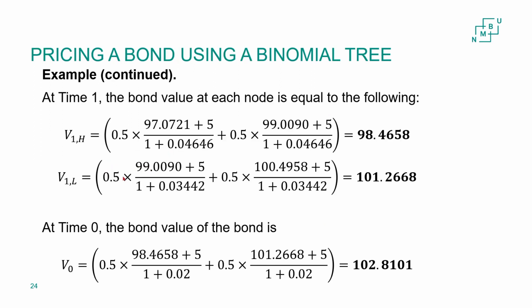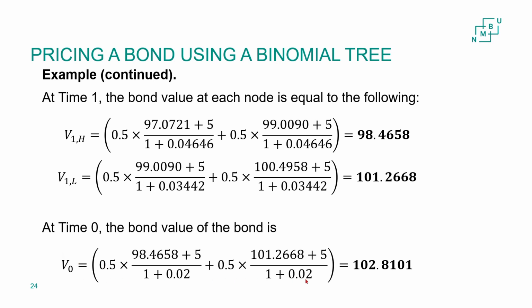Sorry, we do this for the down move as well to get the present value of the remaining bond at time 1. And at time 0, you use the present value at time 1 plus the coupon at time 1 to get the present value of the bond at time 0.